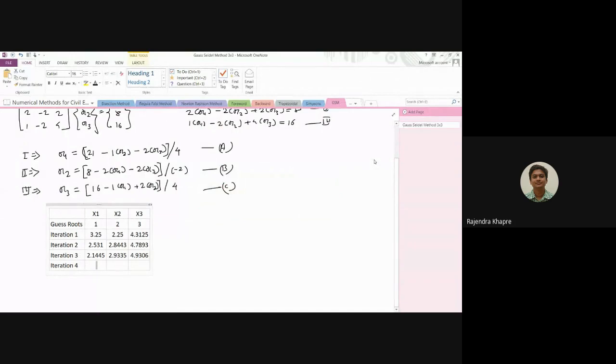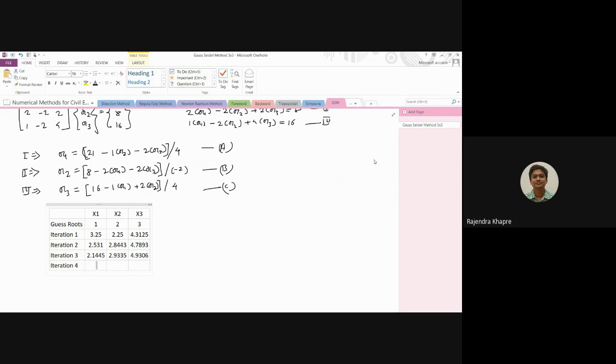Earlier one it was 4 by 4. So even if it is smaller in size, we are not approaching the correct solution even after the third iteration. Like I said earlier, this particular method totally depends on the values in the matrix. Secondly, on what guess roots you are choosing. Because of that, you can see there is an increasing number of iterations.